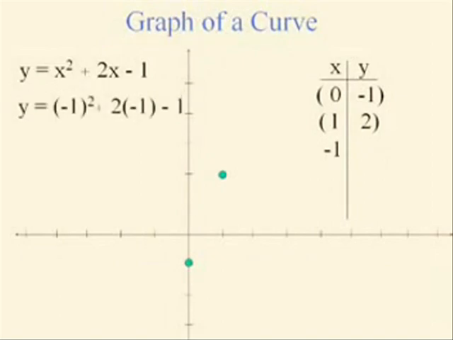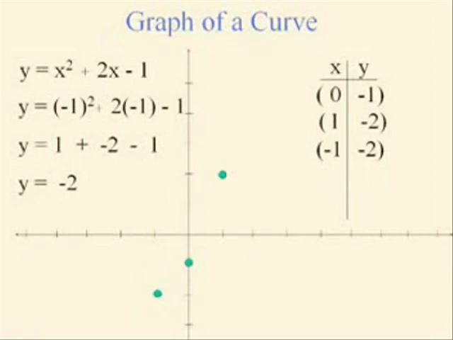Remember, minus 1 squared is positive 1, and 2 times minus 1 is negative 2. 1 plus a negative 2 and a negative 1 equals a negative 2. Now, negative 1, back 1 and down 2.